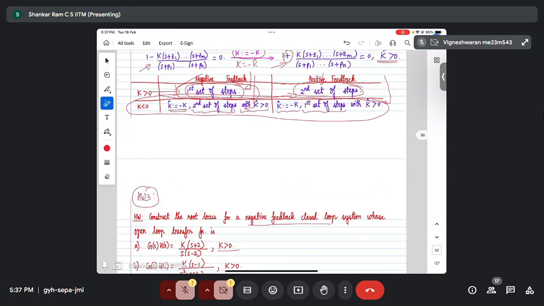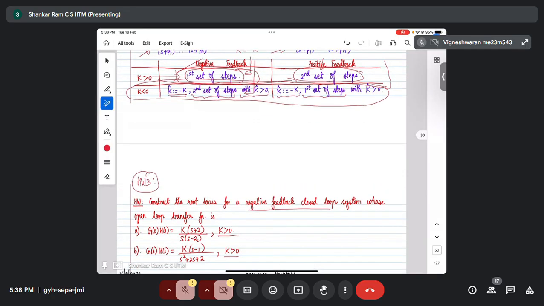That means it's the first set of steps, so please follow all the steps. Do the problem by hand and show all the 6 steps, and then plot the root locus. I hope homework number 3 is clear.